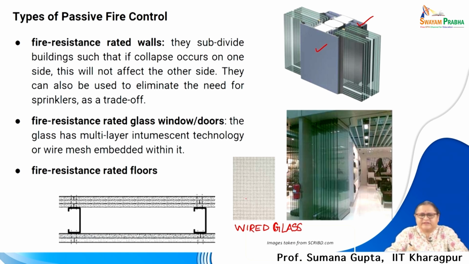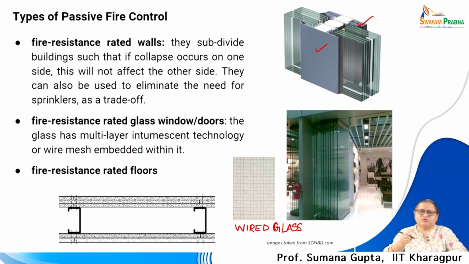This glass you will see in a fire door, a small portion with a small steel mesh inside the glass. It protects against the movement of fire from one side to the other, while also ensuring visibility.